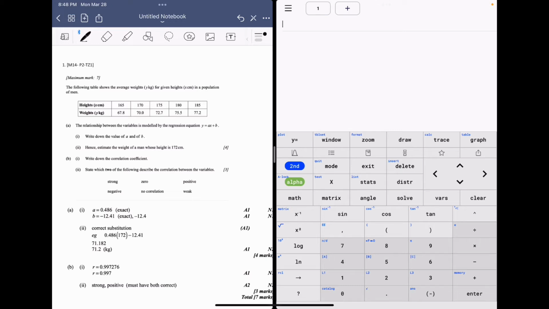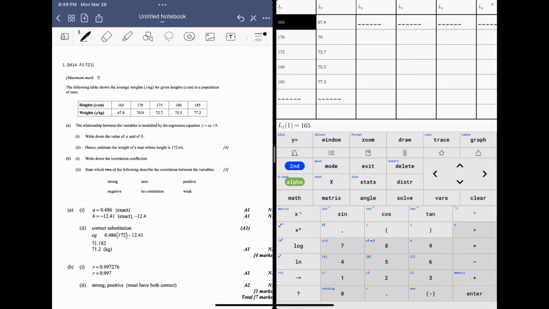To enter the table, there is an option called stat. You will go there, and first it is highlighted at edit, so go and enter. You can see L1 and L2. If there is something, you can just click there and clear the row.